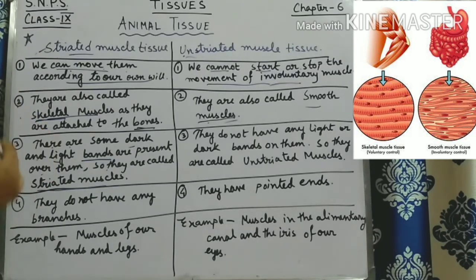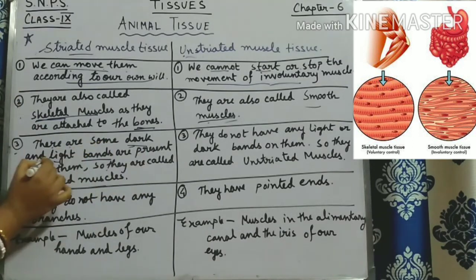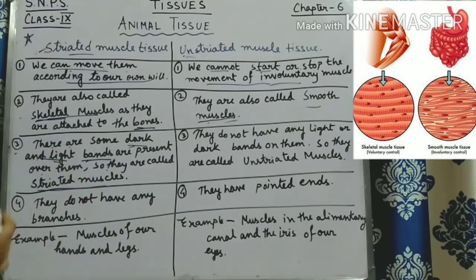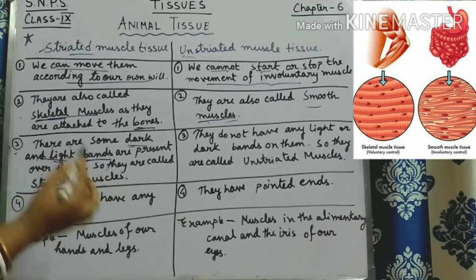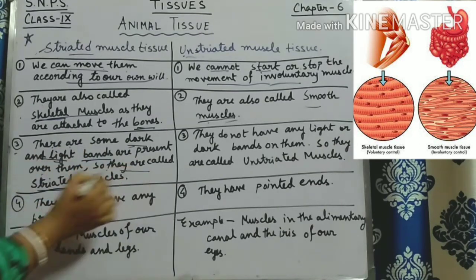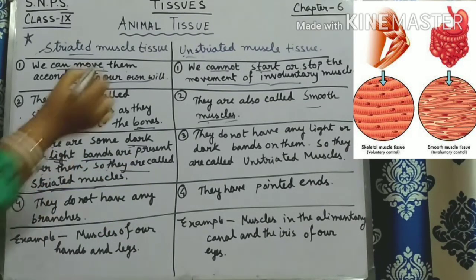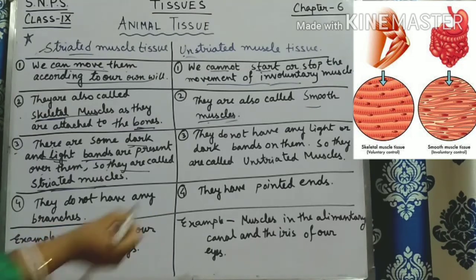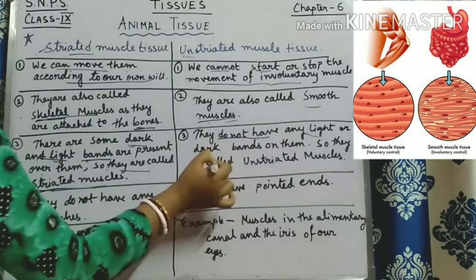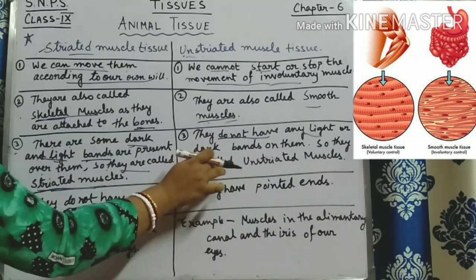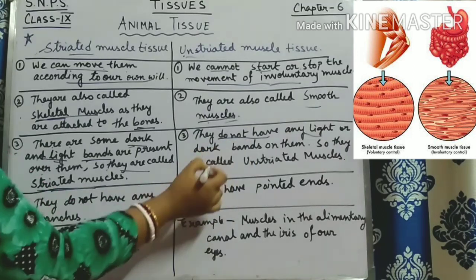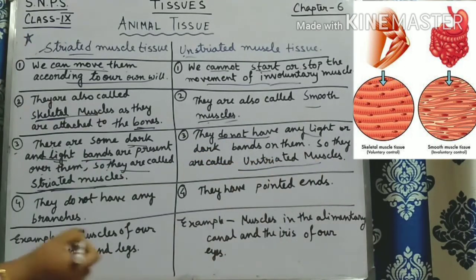As you can see in the picture, there are some dark and light bands. But in case of unstriated muscle, they do not have any dark or light bands. That's why they are called unstriated muscles.